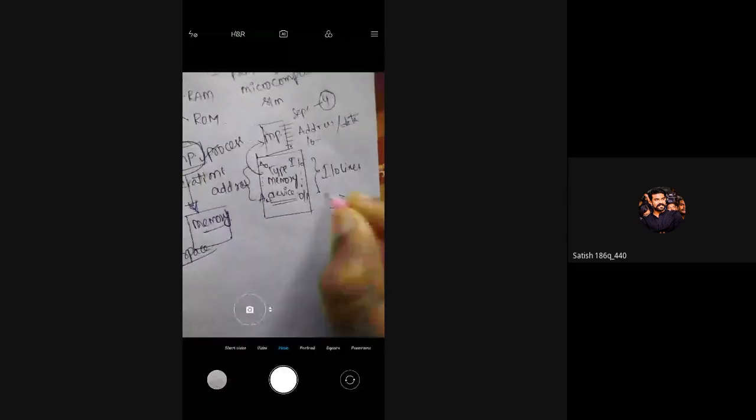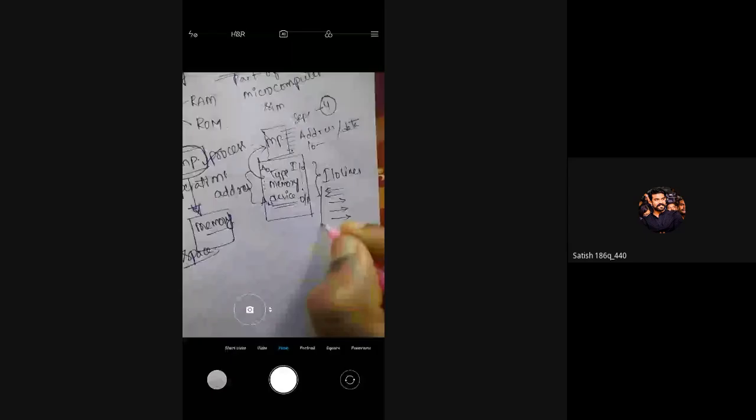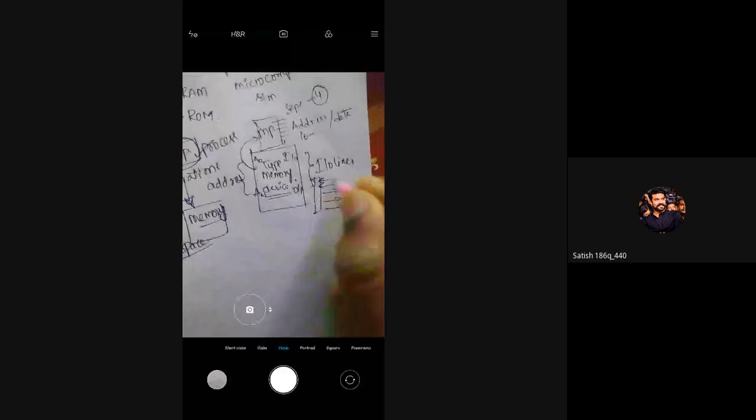Some devices will have separate input lines and separate output lines. If you consider this as a memory device, it has separate lines for input and separate lines for output. These lines will be used as input lines and these will be used as output lines.